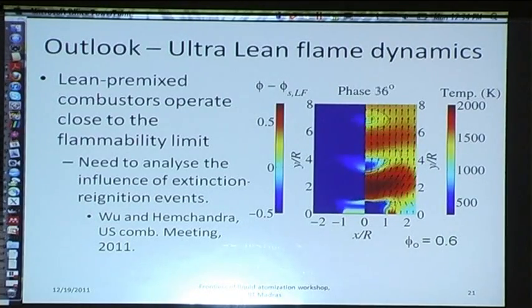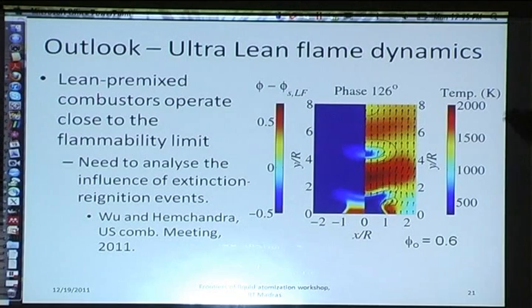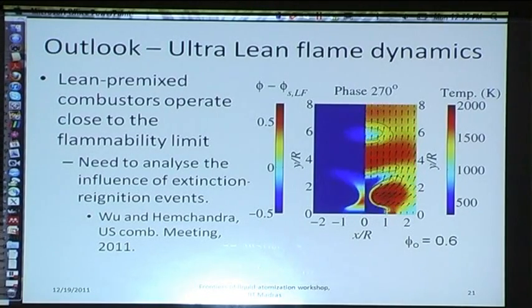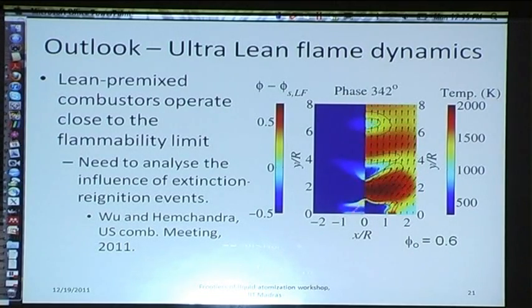The left half essentially shows the instantaneous phi as an offset from the steady flammability limit. So you can see all the blue regions are where the mixture is locally non-flammable in a nominal sense.